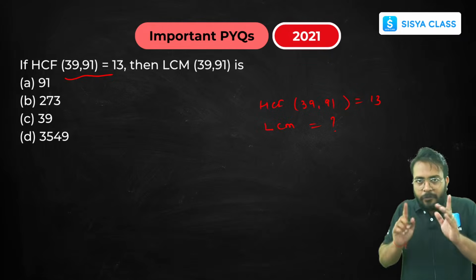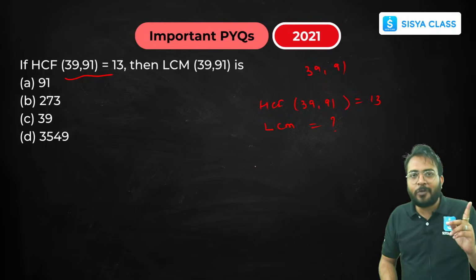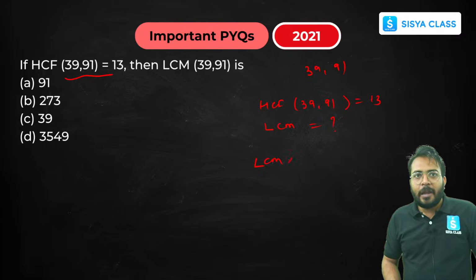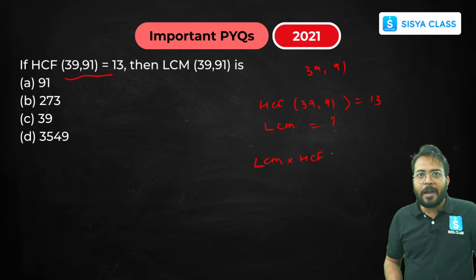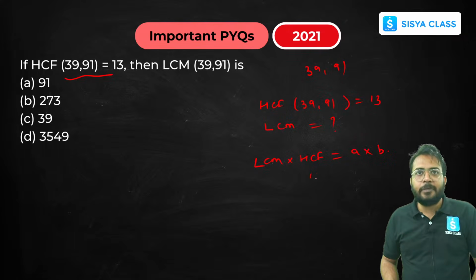We have two numbers, 39 and 91. And just now we have seen one formula, that LCM into HCF of any two given numbers is always the product of these two numbers. The HCF given is 13, LCM I don't know.